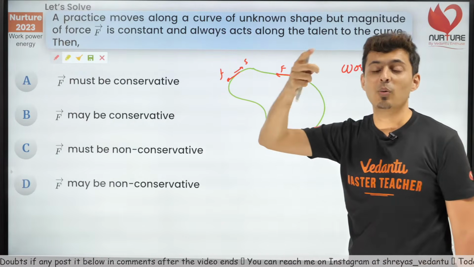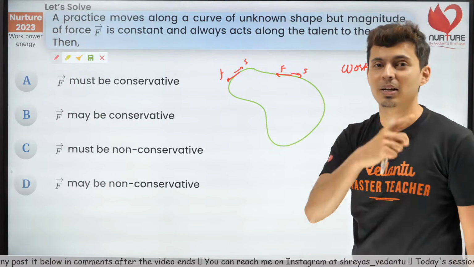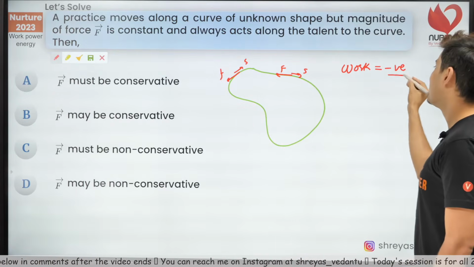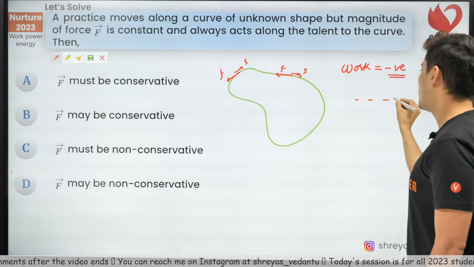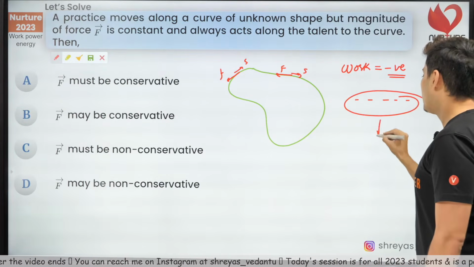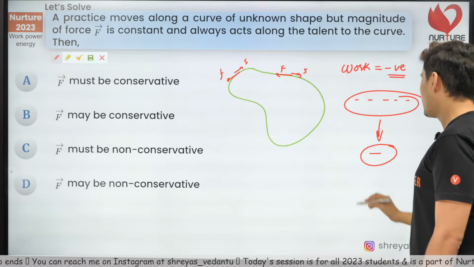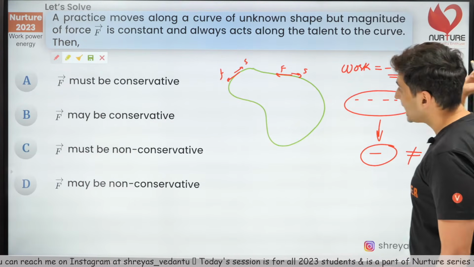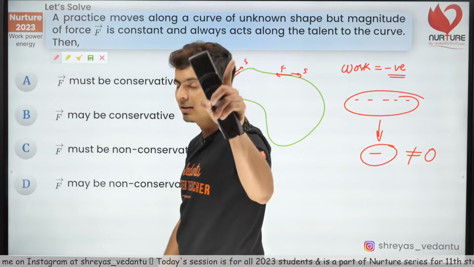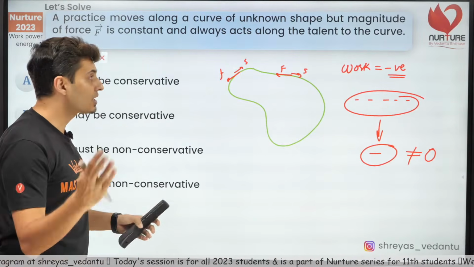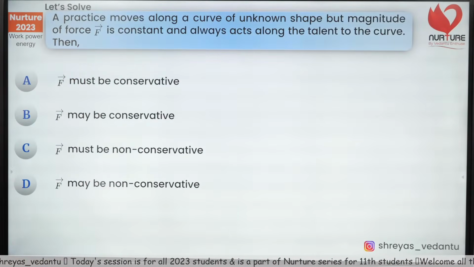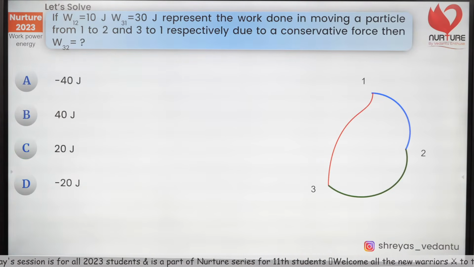Cos 180 is minus 1. Negative plus negative plus negative gives you a big negative number, which is not 0. So that is why friction was a non-conservative force. So that's option C, guys. Let's move on to the next question.